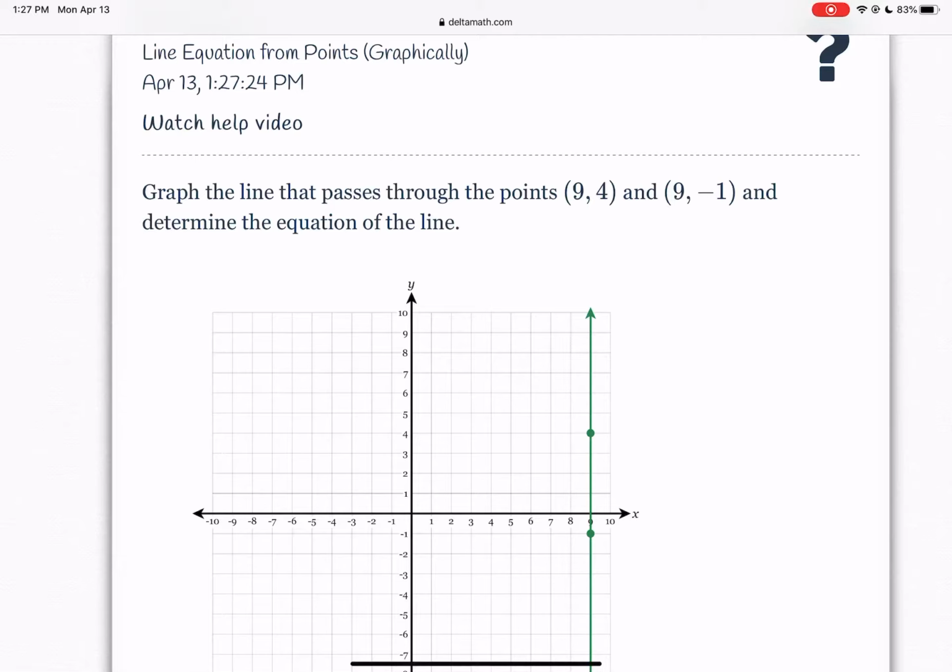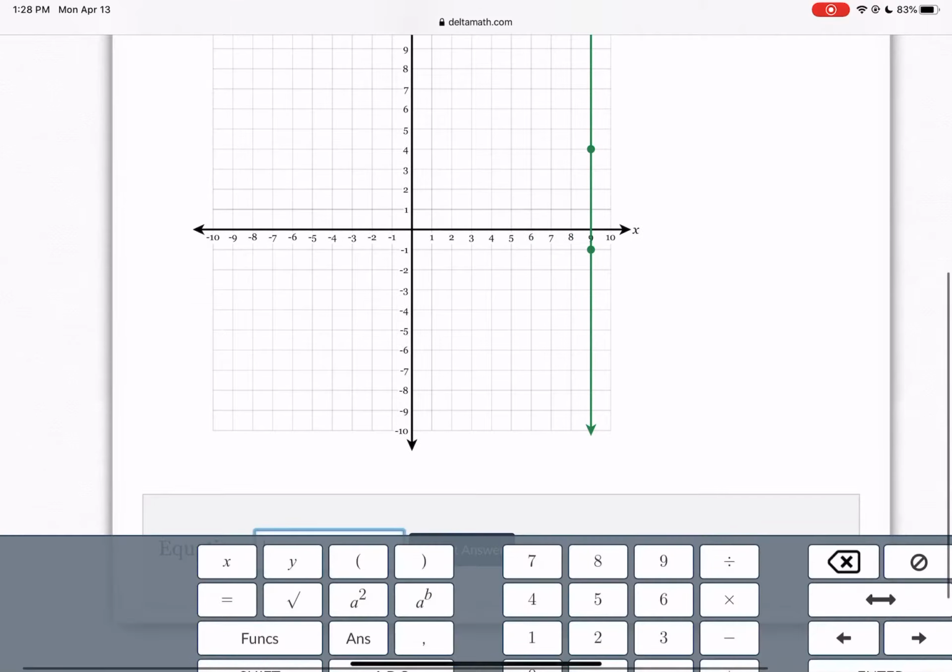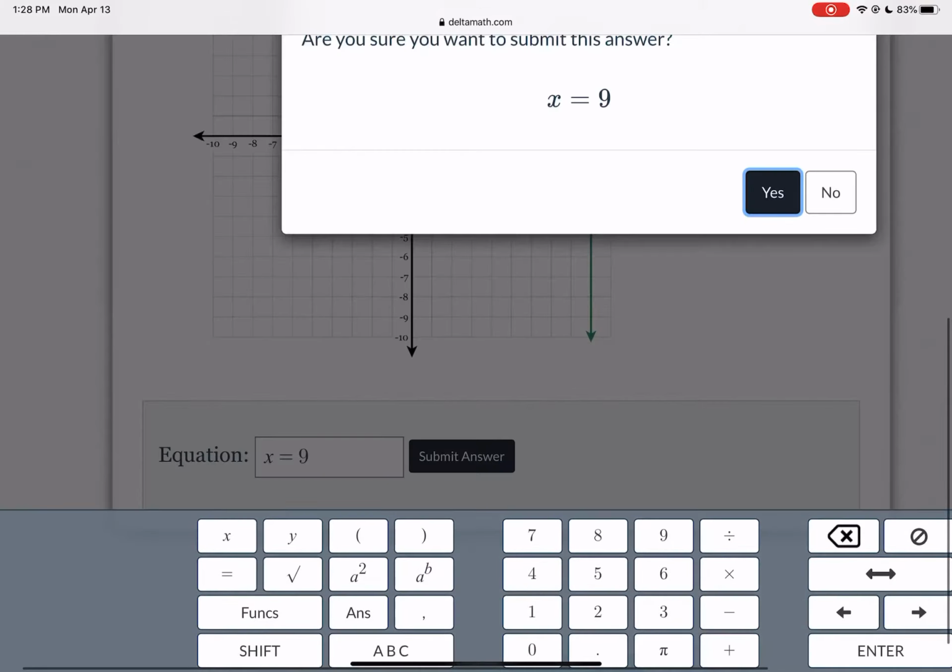Now the vertical line, notice that both points have the same x value. So if 2 points have the same x value, that means that your equation is x equals that value. So x equals 9. Yay.